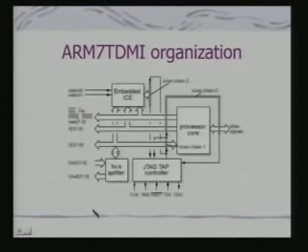If you are using a JTAG connector, you can actually inject the instruction onto the processor core. This scan chain is a set of registers, and you can inject your instructions into the processor core. And the embedded ICE, the in-circuit emulator, is the hardware block that provides support to examine the processor state while this instruction execution takes place.